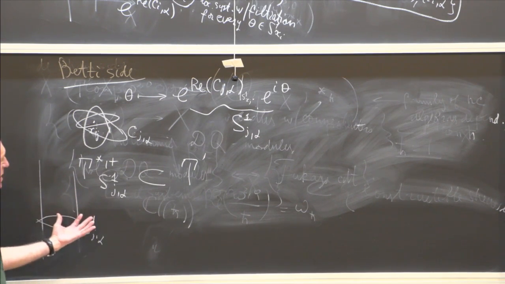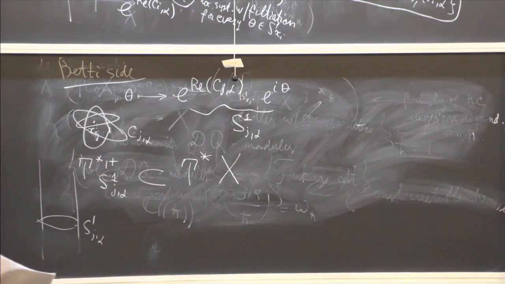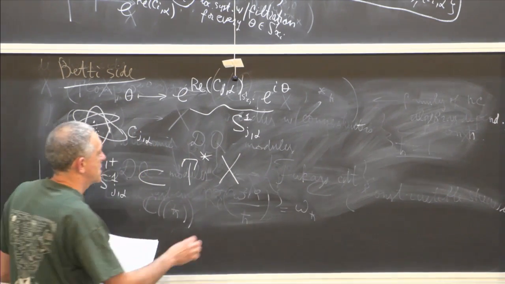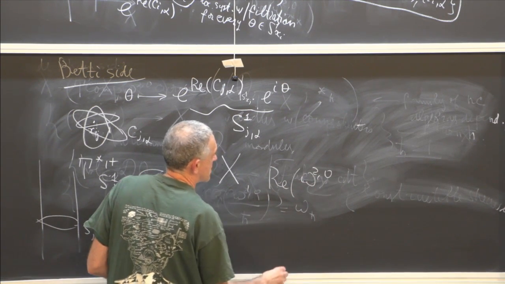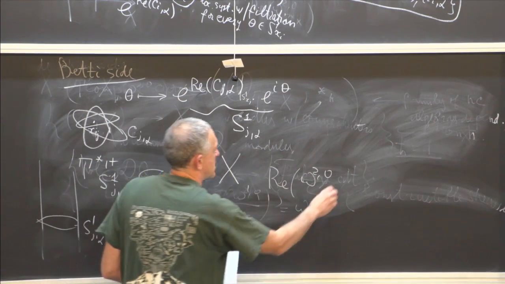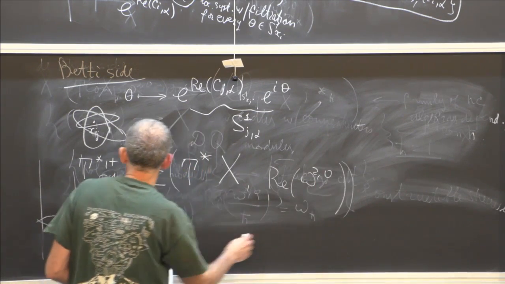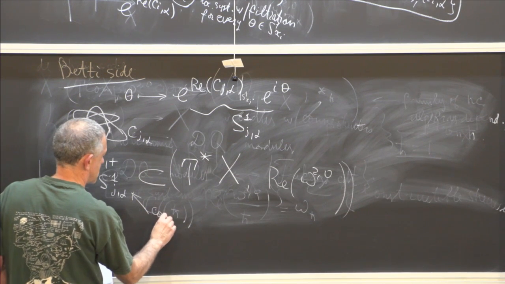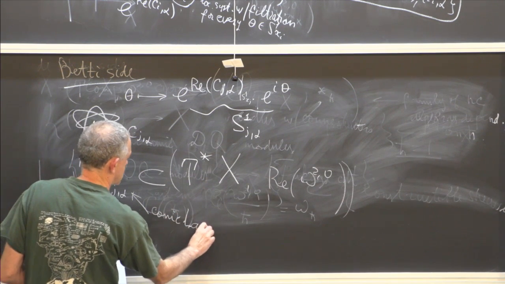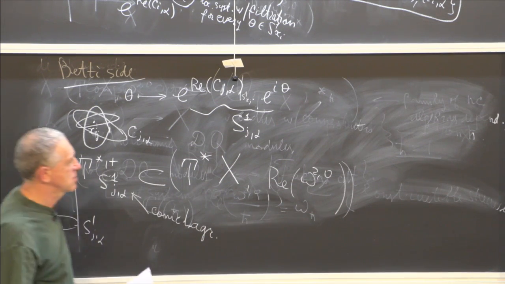Then the conormal bundle lives in the cotangent bundle to the curve, and if I take here, say, the real part of the symplectic form, then it's a conic Lagrangian, a non-compact conic Lagrangian. And I have many of them, so it's a collection of them.